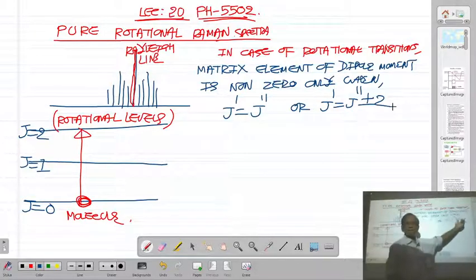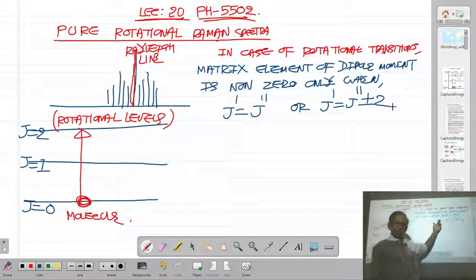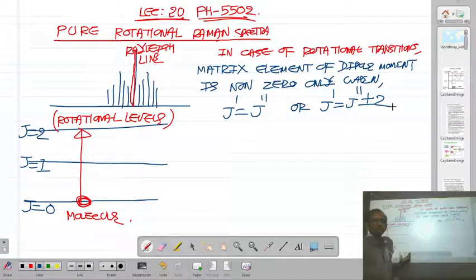So this becomes the selection rule for the rotational transitions. The values of quantum number J for which the matrix element of the dipole moment is non-zero become the selection rule for the rotational transitions.